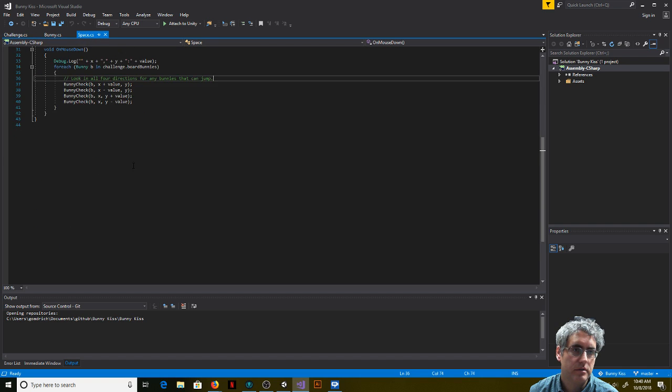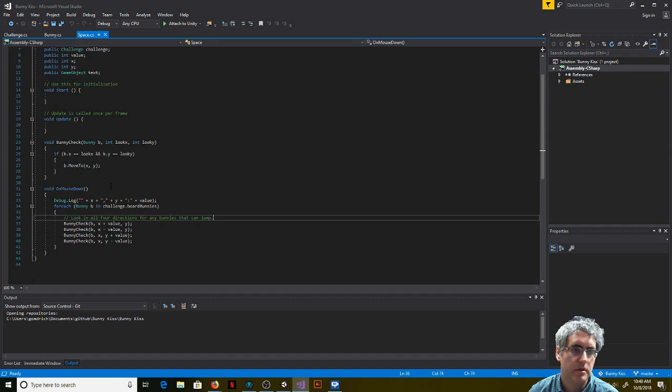A space is the one that does a bunny check and says if I'm looking to go to this place, look at all the spaces around me for a bunny. If there is a bunny where I'm looking, then move that bunny to me. That's a simple function.